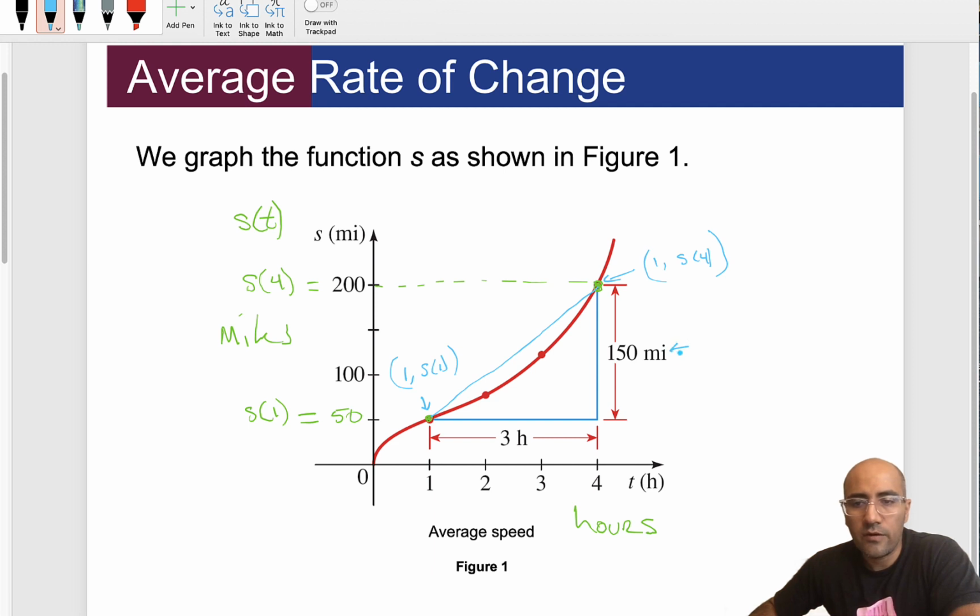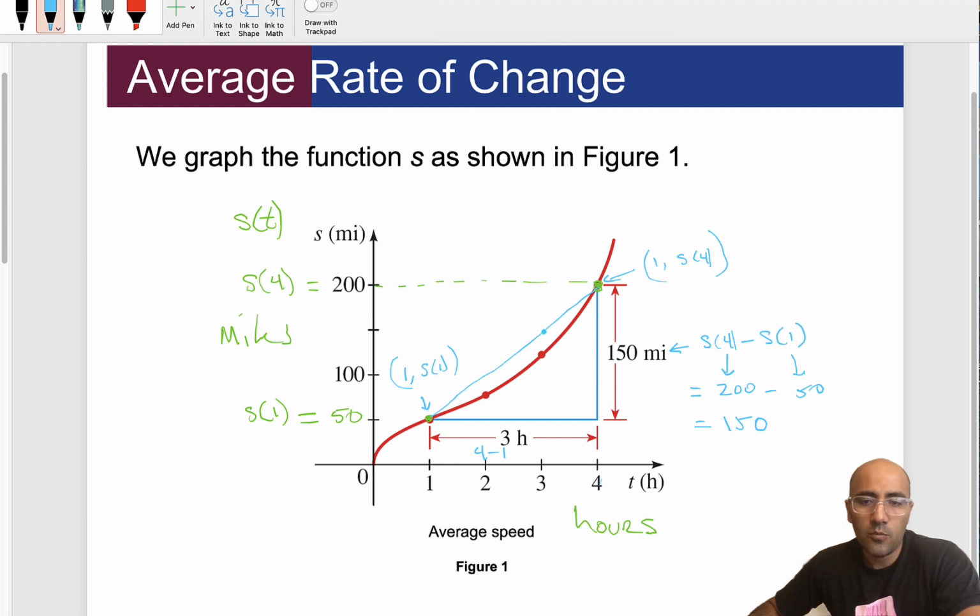This 150 is s of 4 minus s of 1, where s of 4 was equal to 200, s of 1 was equal to 50. So the whole thing equals 150. That's where this 150 comes from. And then here we have 4 minus 1. That's how we get 3. So that's why the average rate of speed between these 2 points is 150 divided by 3, to give you an average of 50.